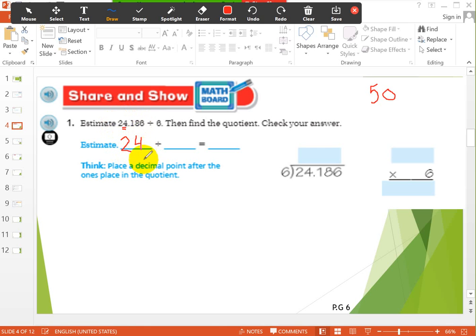That's right, it will be 24 divided 6. Which number I will multiply with 6? The answer will be 24. Thank you, Rina. That's right. It will be 4, because 4 multiply 6 equals 24.